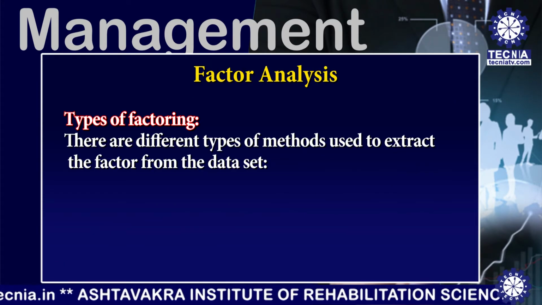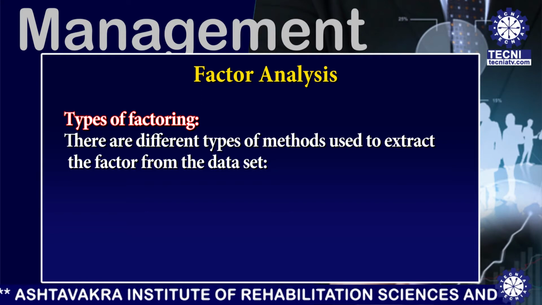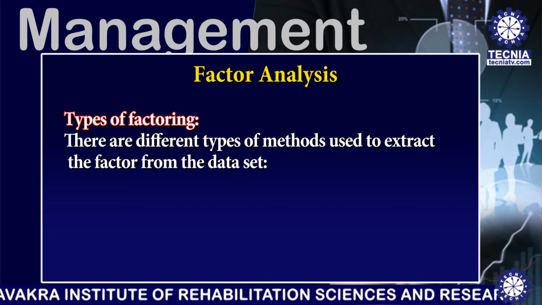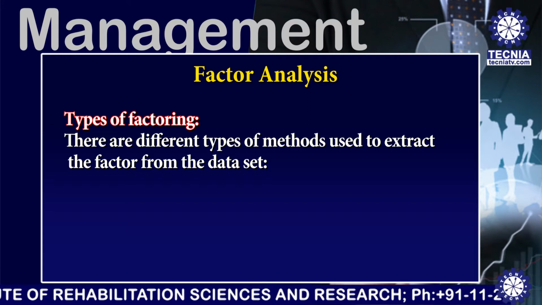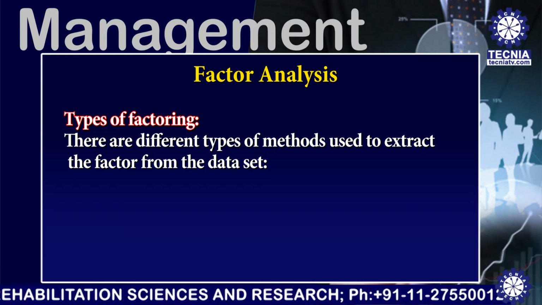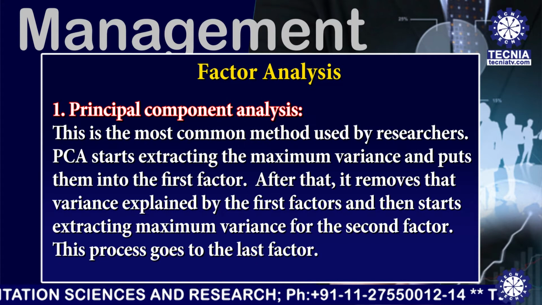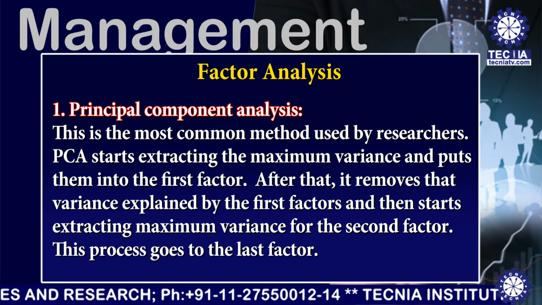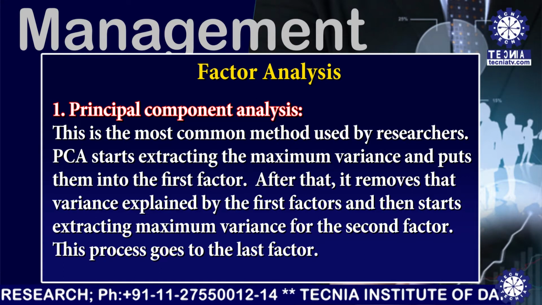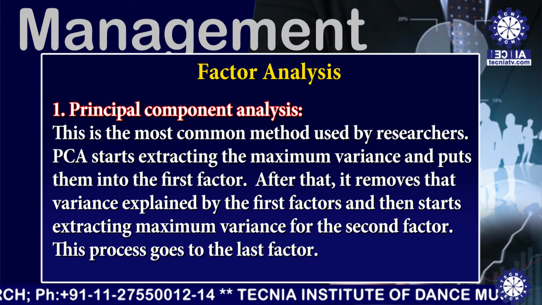Now I am explaining the types of factoring. There are different types of methods used to extract the factors from the data set. First one, principal component analysis. This is the most common method used by researchers.